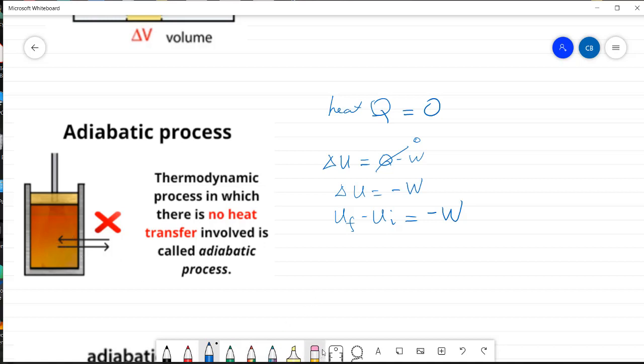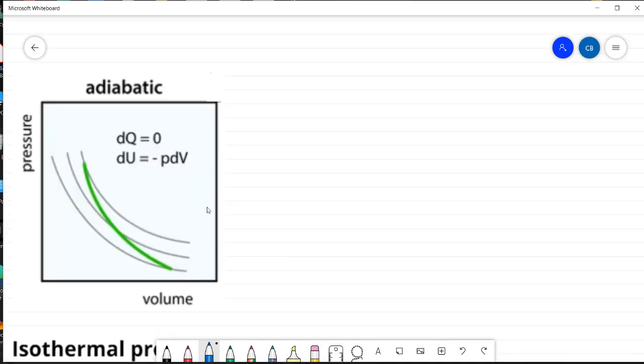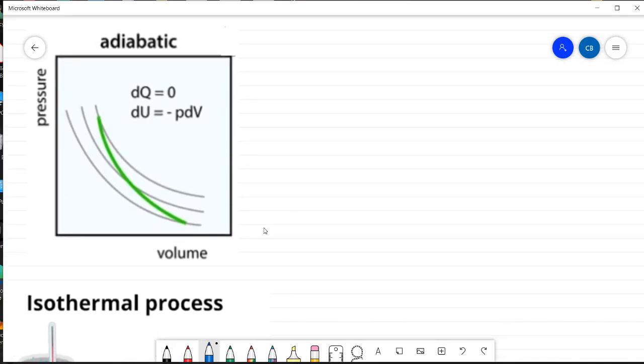The graph of our adiabatic process looks like this, represented by the green line. That's our adiabatic PV graph.